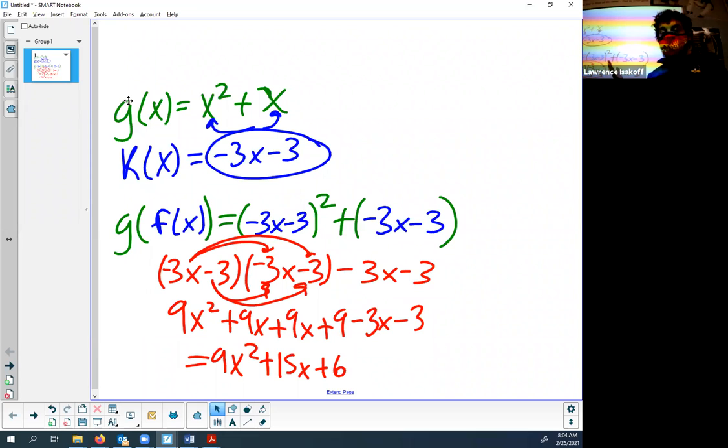So that's the advantage of you uploading your work to me. If you had just messed up this FOIL process here and I accidentally wrote this as like a 12x, I could go, oh, you said 3 times 3 is 12. That was a silly mistake. I see where the mistake went. Your logic's good outside of that. I could give you most of the credit.